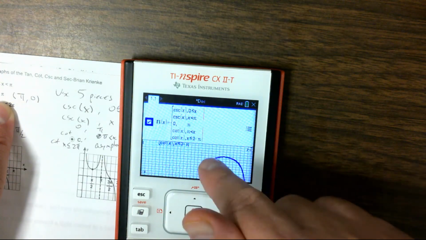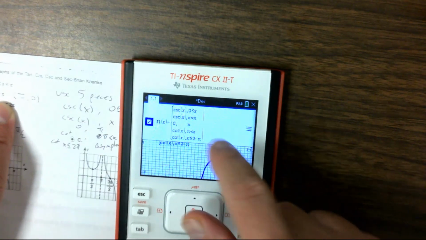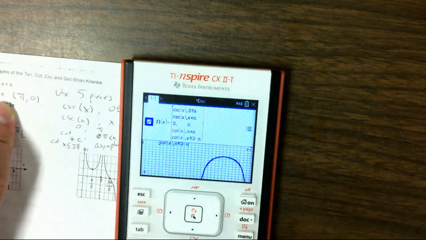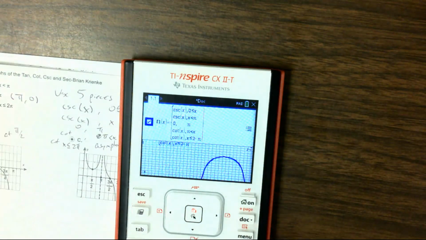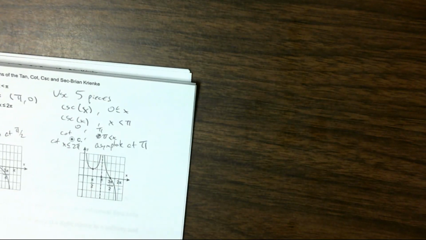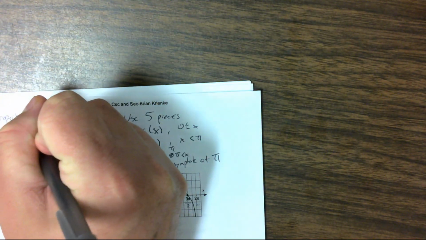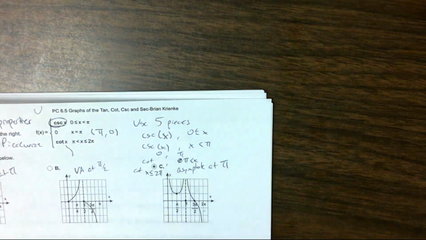I bet it depends on the bounds, and the calculator has a limitation on this problem. So use your properties. Use your properties. Okay, hope that helps. Have a good one.